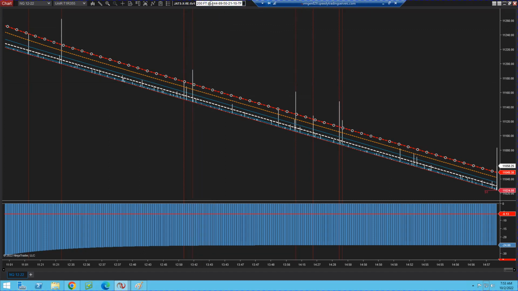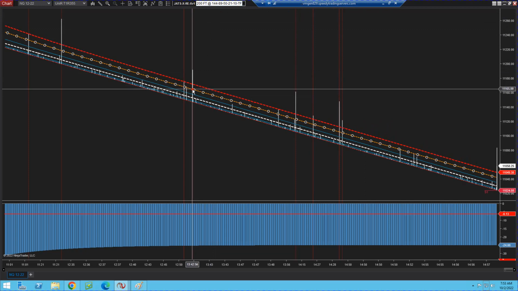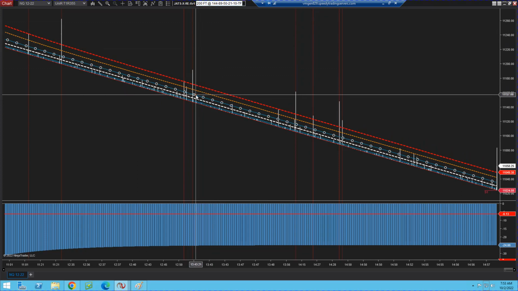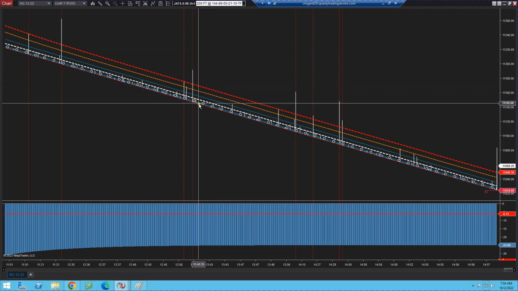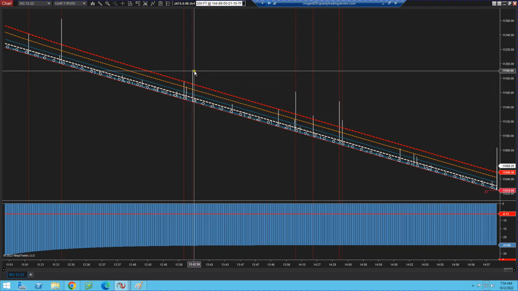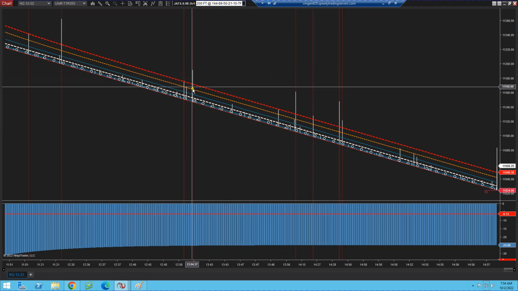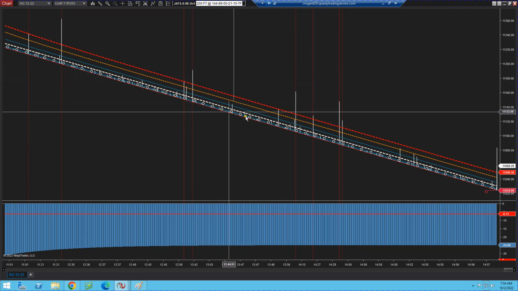I can make it touch the 200 first, but not execute the signal until it comes back and hits the 144 on the way back down. So my first entry would be the 144, and then I can get in at the 89, and then the 50 and the 21, and I'm scaling in after it has gone out of bounds and come back in. See what I'm saying?